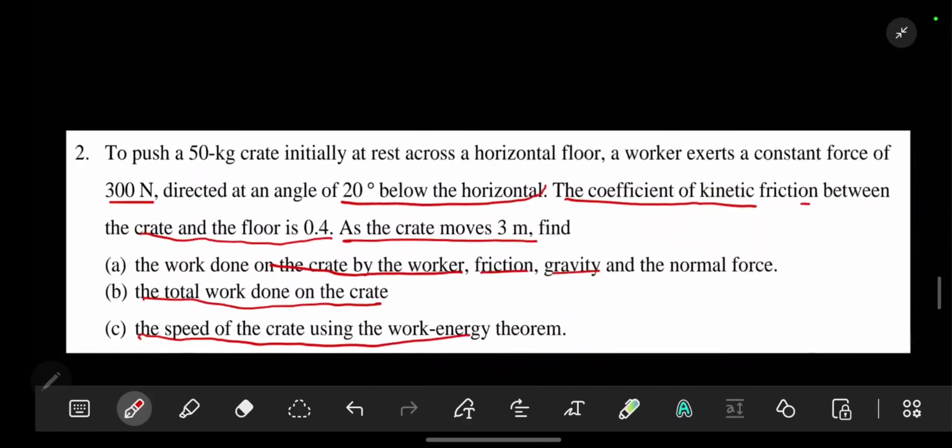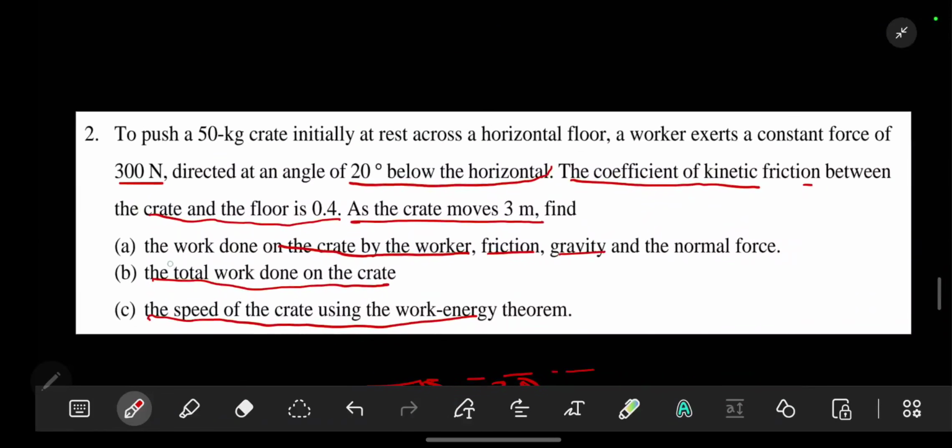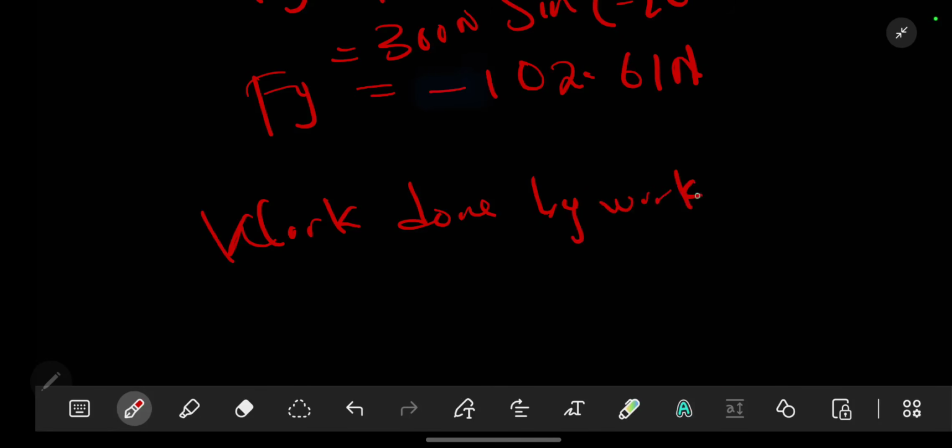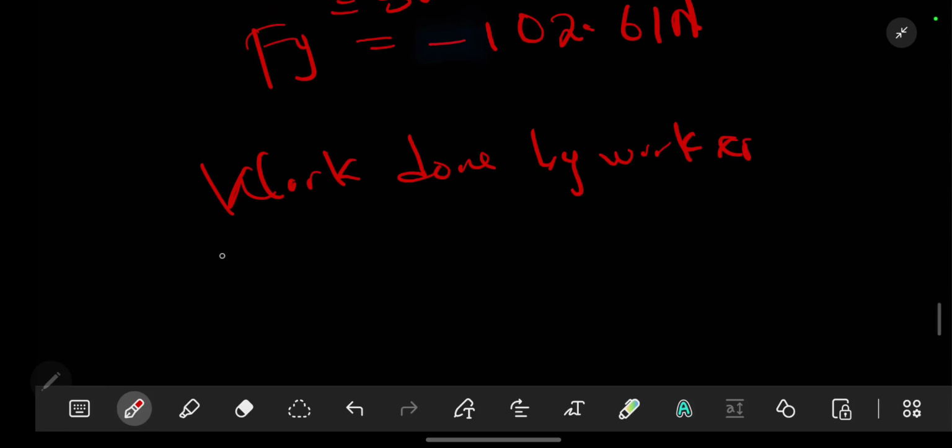We are going to answer the first part of the question, which is the work done by the worker. Work done by the worker should be equal to the force times the distance moved in the direction of the force.